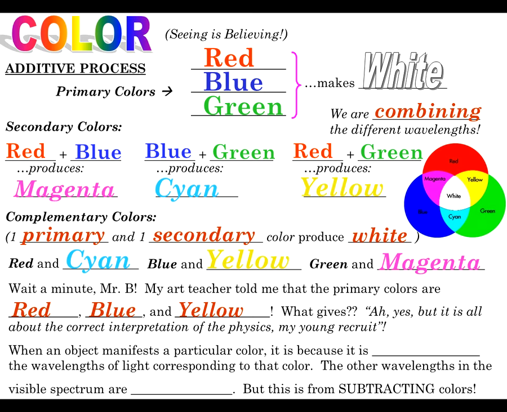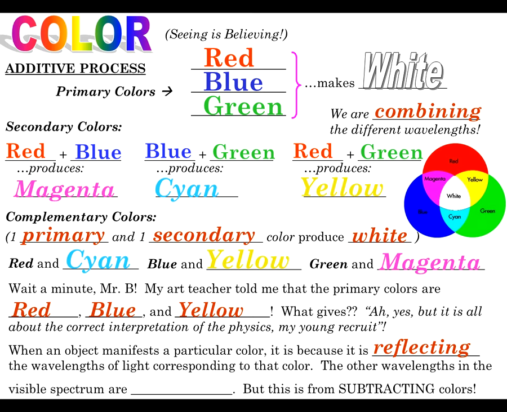And it turns out to be as follows. The misinterpretation is because of the following. When we have an object sitting before you, not light shining in your eye, but an object of a certain color, it's because it's reflecting the wavelengths of light corresponding to that color. If you see a red rose, guess what? You are not being presented with blue wavelengths. You're presented with red wavelengths of light.